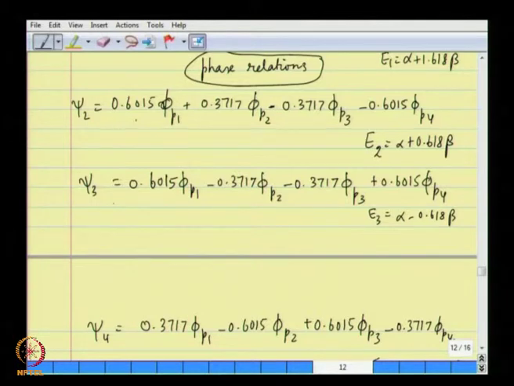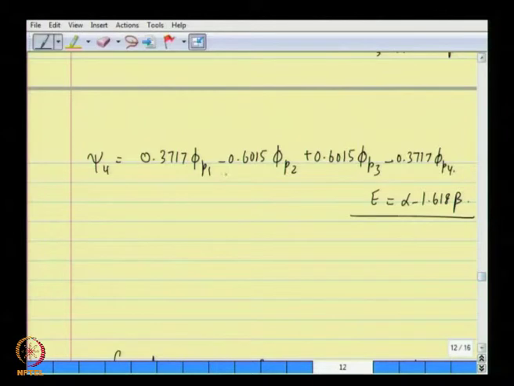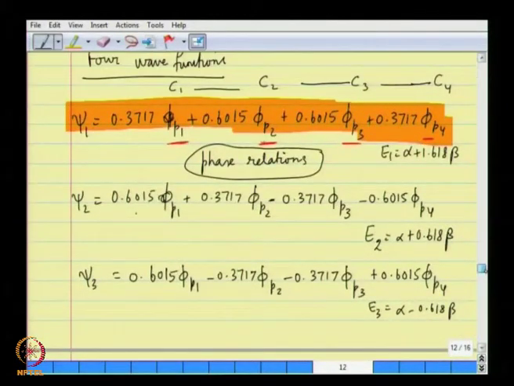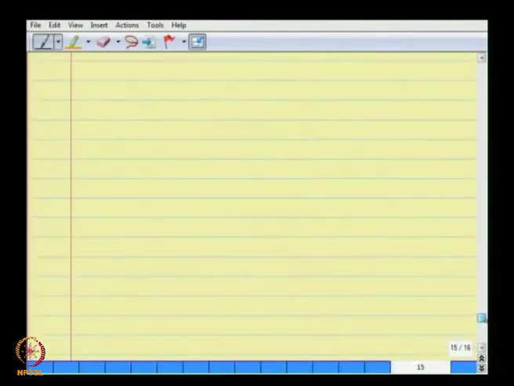And psi 3 has the phase relation as given here, and psi 4 has the phases of the second and the fourth p orbital inverted. So let us plot these things to get an idea of what is meant by the nodal plane, and if there is one. So let us see psi 1, it is 0.37, so the φp1 has a smaller contribution, p2 and p3 have larger contributions, p4 the same as p1.